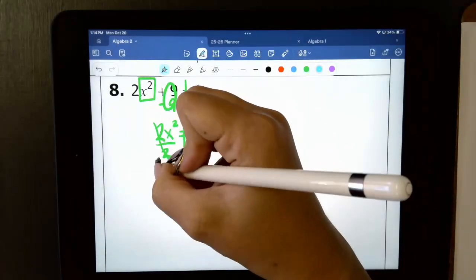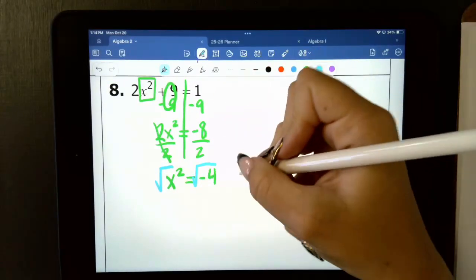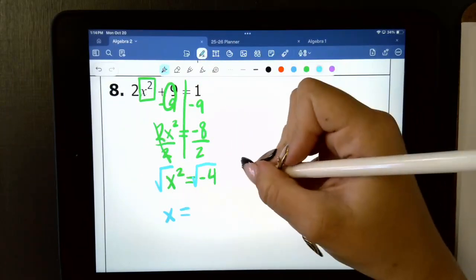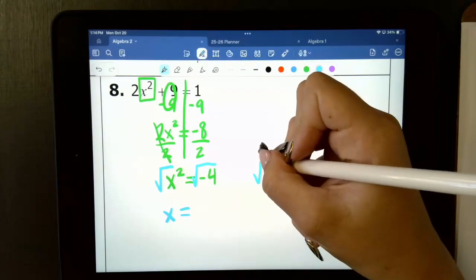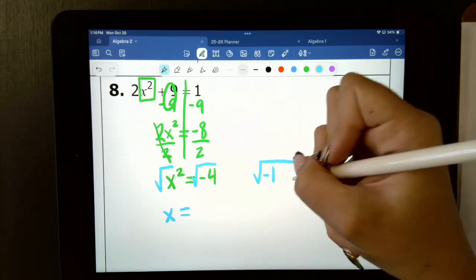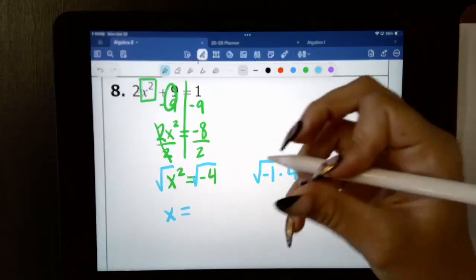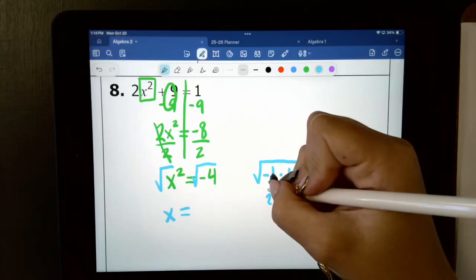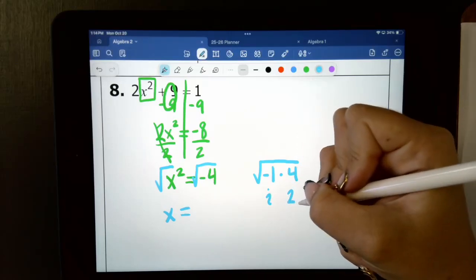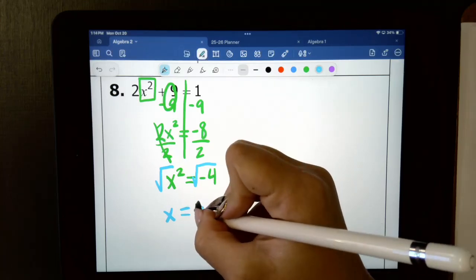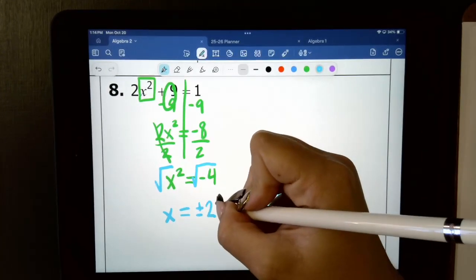So then we take the square root of both sides. So we're going to have x equals, if we break it down like that, we know we're going to have an i, and 2 is going to be plus or minus. So our final answer is going to be plus or minus 2i.